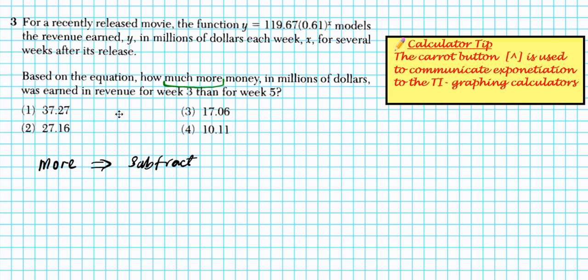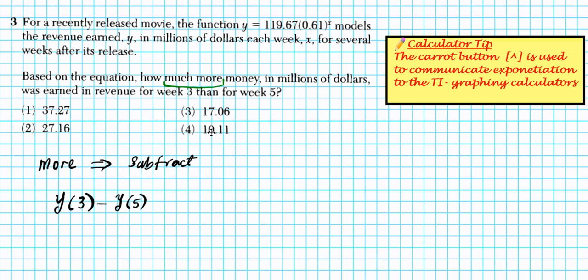We're subtracting the revenue for week 3, so y, the function evaluated at week 3, minus y evaluated at week 5. This difference would tell us how much more revenue was generated in week 3 compared to week number 5.